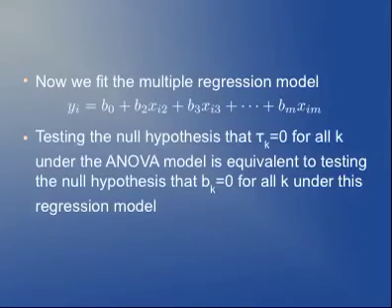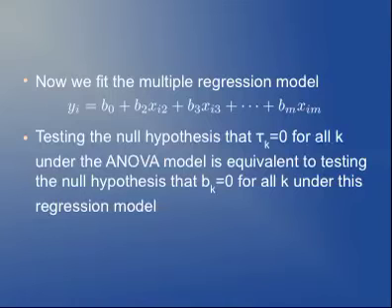And once you've defined these dummy variables, then to perform your ANOVA test, you can just fit a multiple regression model where you say the response variable y is equal to this linear combination of the dummy variables. Testing the null hypothesis that the mean is the same in every single one of these groups is equivalent to testing the null hypothesis that all of the regression coefficients are equal to 0 in this model.